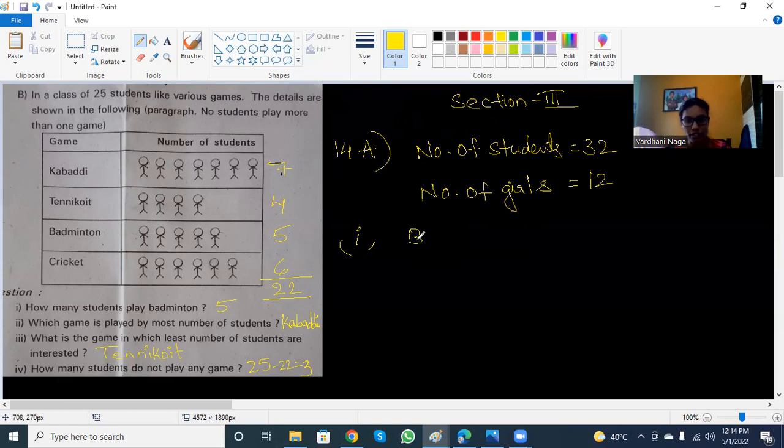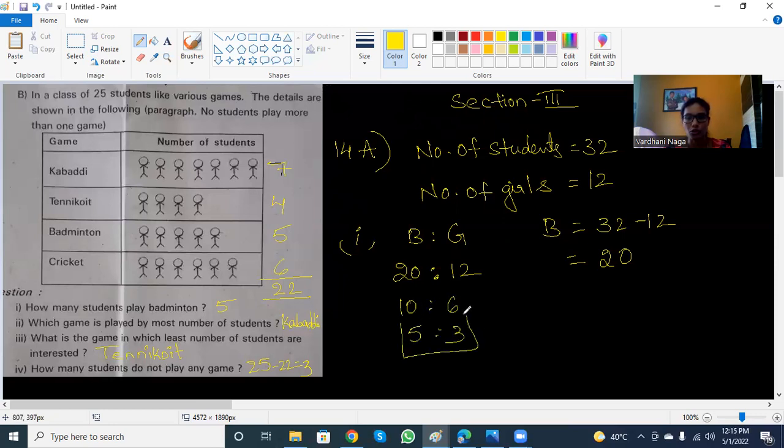So boys to girls they are asking. First, we don't know the number of boys. We know the total number of students, and from that we can find the number of boys. 32 minus 12: 2 minus 2, 0; 3 minus 1, 2. So 20 students. So the ratio could be 20 is to 12. You can simplify this. 2 fives are 10, 2 sixes are 12. So this is the ratio of boys to girls.